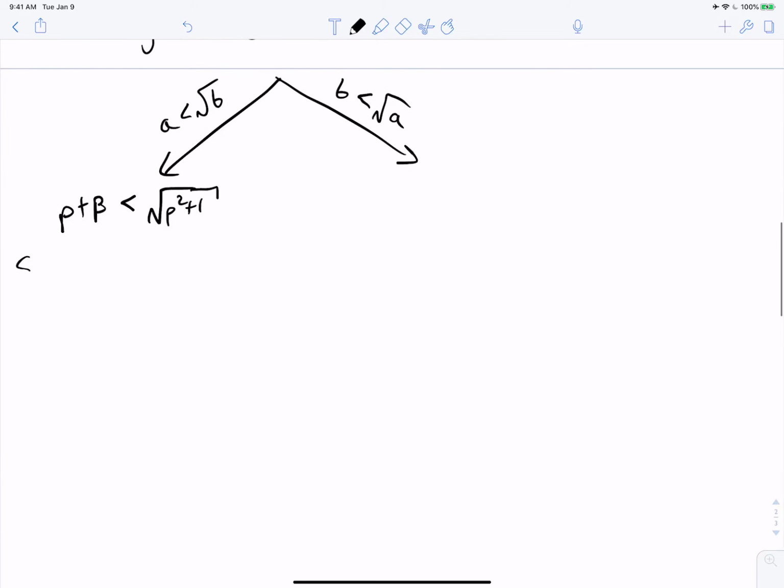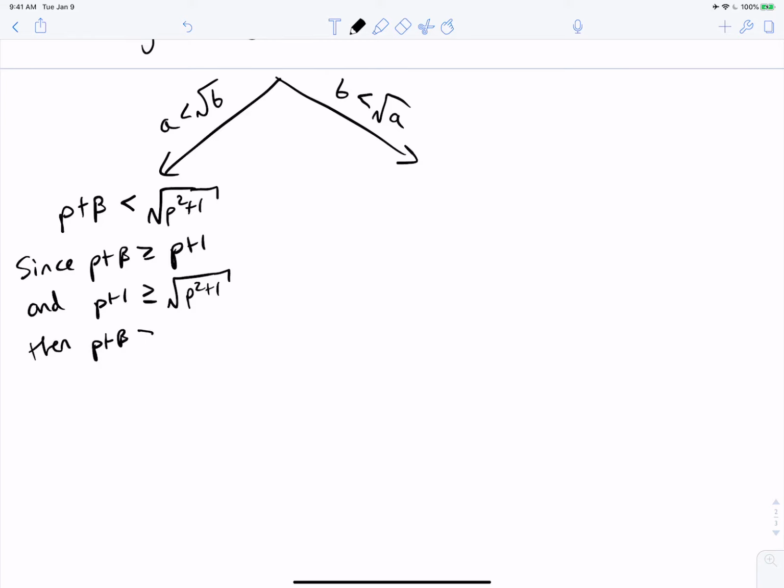No. So since p plus beta is at least p plus 1, and p plus 1 is at least as large as the square root of p squared plus 1, then p plus beta is at least as large as the square root of p squared plus 1.